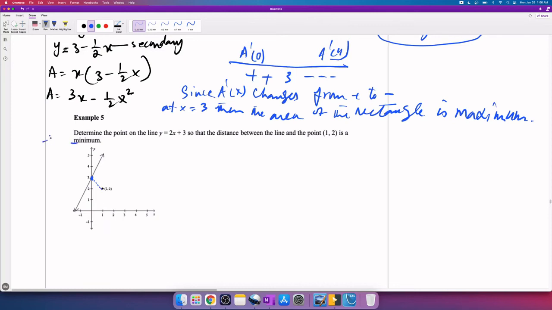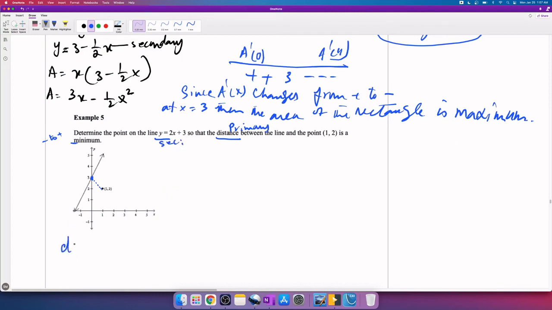Minimum means I'm going from negative to positive. I need to determine the point on the line so that the distance is minimized, so I need a distance formula, and that's my primary equation, and this is my secondary equation. Let's figure out the distance first, the primary one.